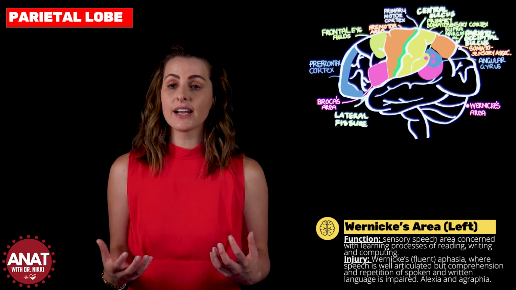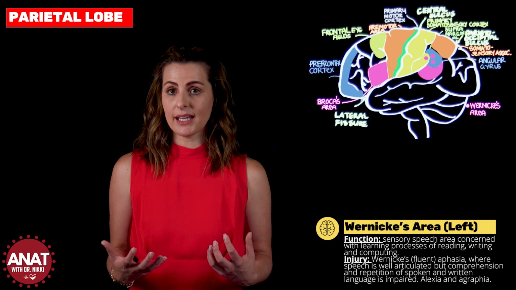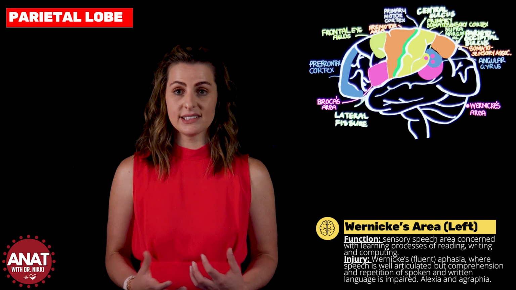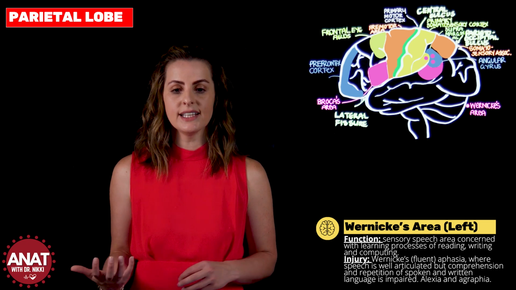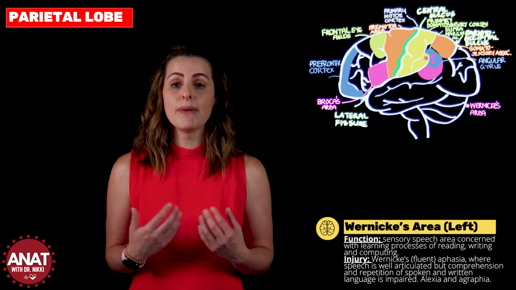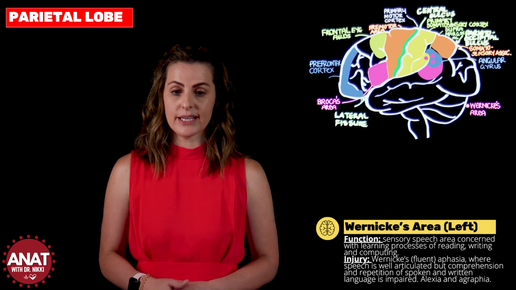Because they aren't able to find the right words, speech appears meaningless and their words are often jumbled and incomprehensible. Alexia, which is an inability to read, and agraphia, which is an inability to write, may also be associated with damage to Wernicke's area.